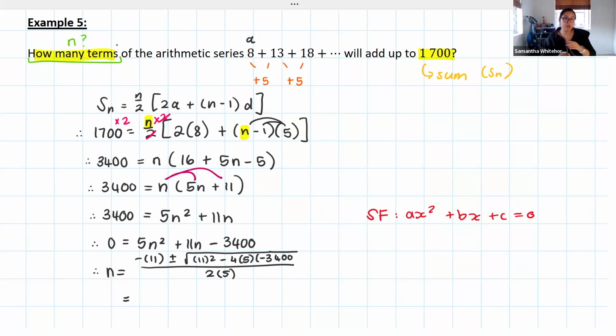So I'll give you a second, put that into your calculator and tell me what your two values of n are. Nice. And guys, remember, think about what value n can and cannot be.